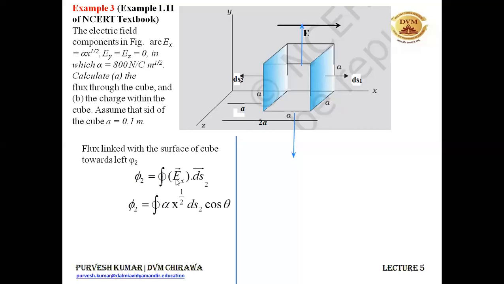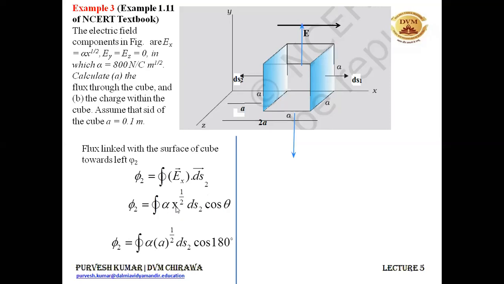So I have written alpha x to the power half in place of it. ds2 is ds2 only. And there is cos theta, because when you are solving this dot product, A dot B comes out to be AB cos theta. So we need to write this cos theta. And what is the angle between Ex and ds2? It is 180 degrees. So I should be writing it like this.